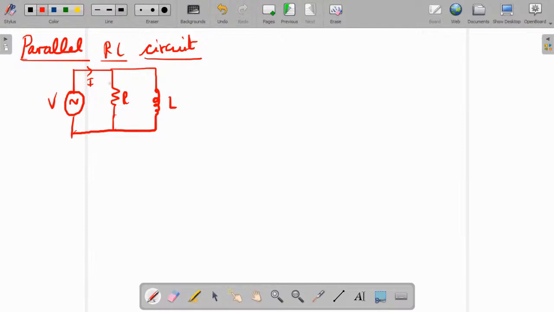Okay, so here, parallel circuit. In the graph, always keep voltage as the reference. In the inductor, current is lagging, so you have IL here, whereas for the resistor it will be in phase, so this is IR, current and voltage. So the resultant will be the total current I. What is the total current I?